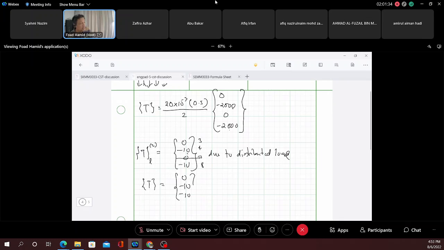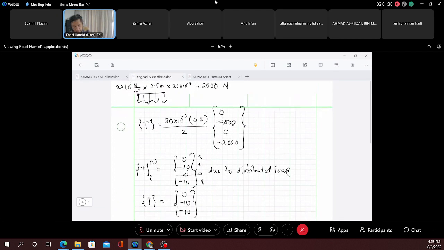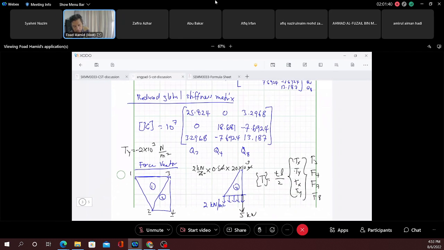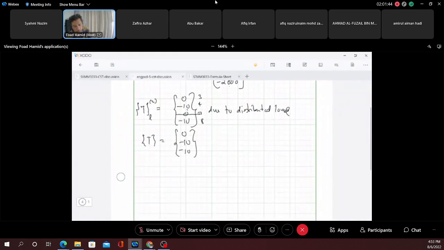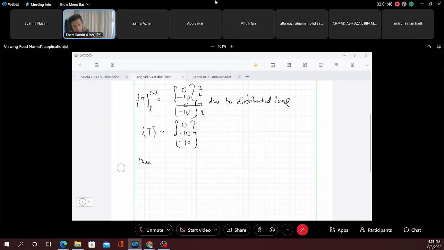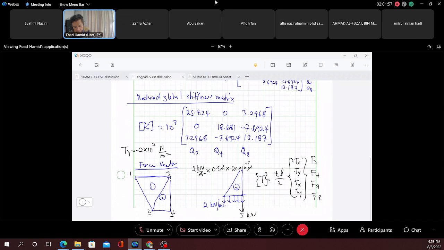Now, let's look at one more node, this one. So force vector, and now this is due to point load. Due to point load, we note that our P is just at node 7, going downward.